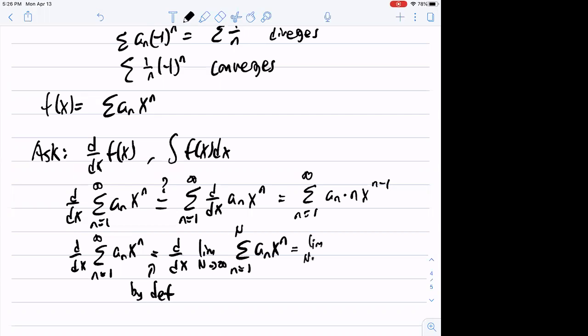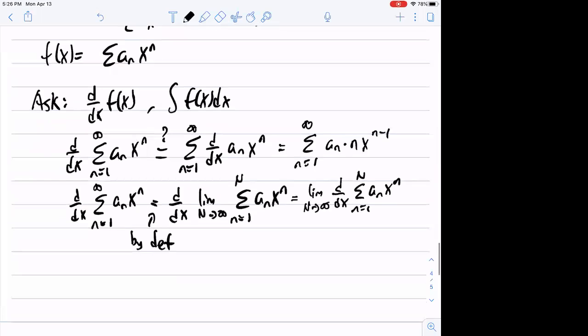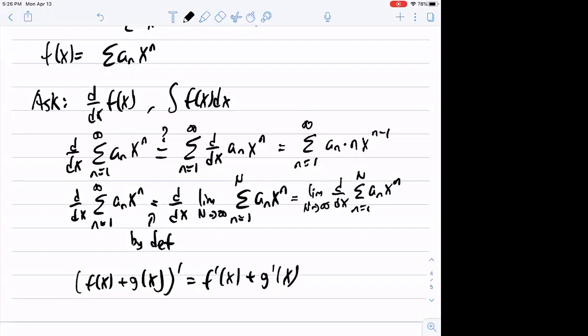The question is, can you swap the limit with the derivative? Here, the derivative of a finite sum is just term by term, because I'm sure you all saw the rule that the derivative of f plus g is f prime of x plus g prime of x. This thing is finite, so you can certainly take the derivative of a finite sum. The only problem is that right here, you had the derivative of an infinite sum, and that was a problem.